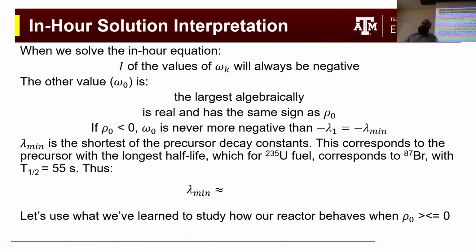It always has the same sign as the reactivity insertion. If the insertion is negative, it's always bounded in between negative lambda 1, or what we can call lambda minimum, and 0. And that lambda min or lambda 1 corresponds to the shortest lived delayed neutron precursors, the ones with the shortest half-life.